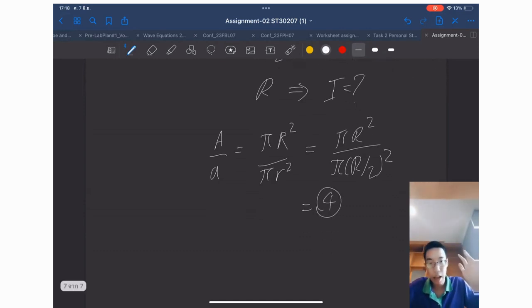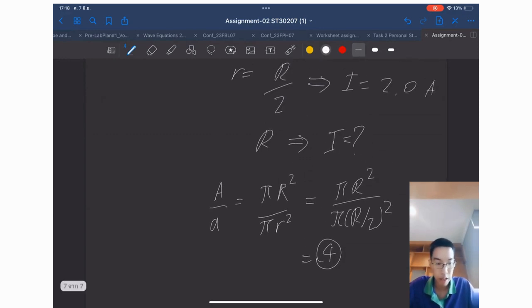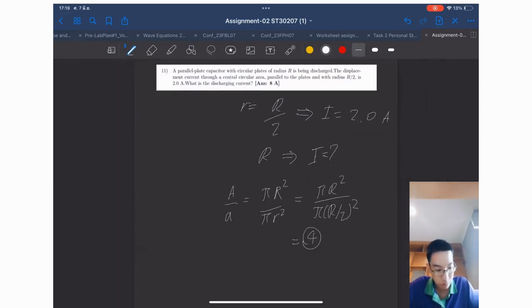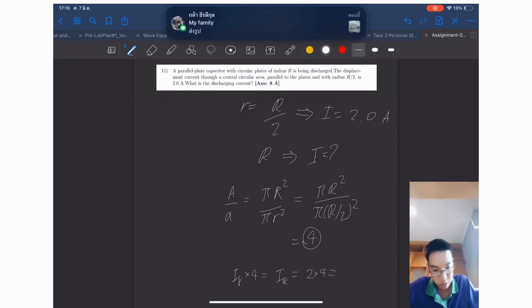So the area of the capital R is 4 times bigger than the little r. Now we just multiply the current of little r by 4. We get the whole displacement current equal to 2 multiplied by 4 equal to 8 ampere.